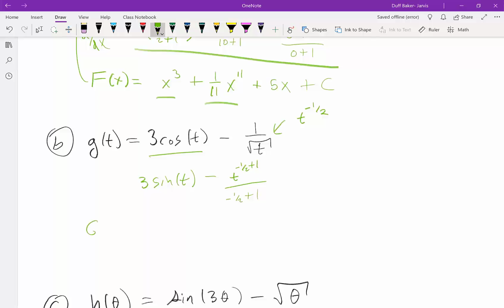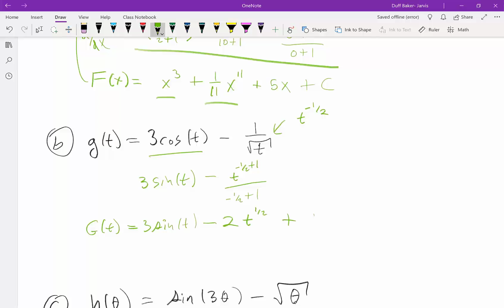Okay, so we would think that g of t, right? We write the capital for the antiderivative. At least that's the convention. It's going to be 3 sine of t minus, so this bottom is a half, so that'll flip up to be a 2. And then this will be t to the 1/2.